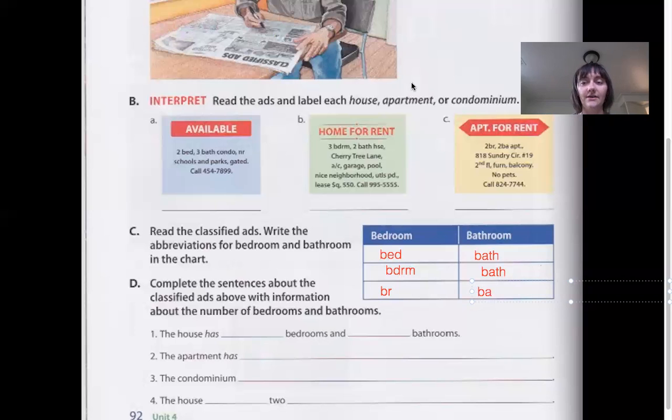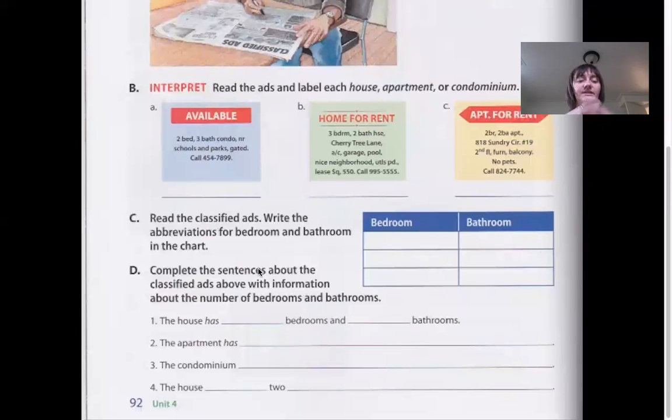Okay, now let's keep going. Next one, it says complete the sentences about the classified ads above with information about the number of bedrooms and bathrooms. So let's read this together. It says the house has how many bedrooms and how many bathrooms.